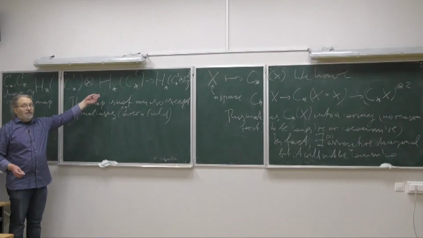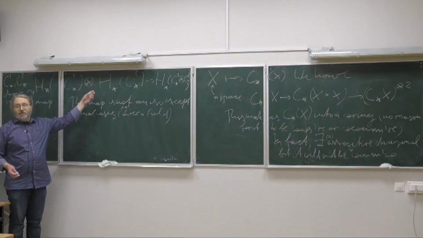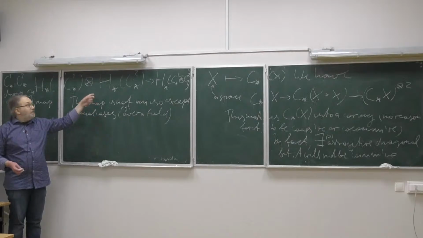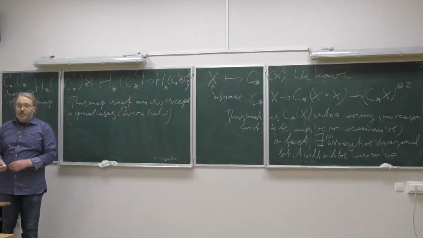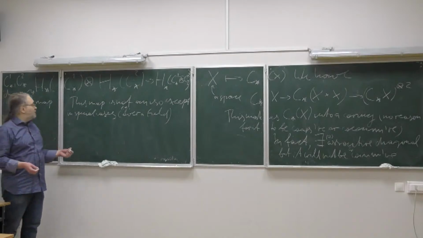For example, if all complexes are chain complexes of modules over a field, then this map is an isomorphism, but in general it isn't.